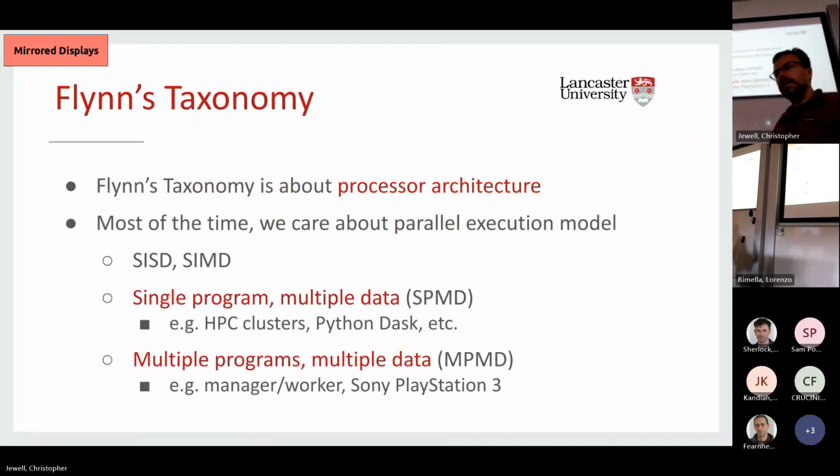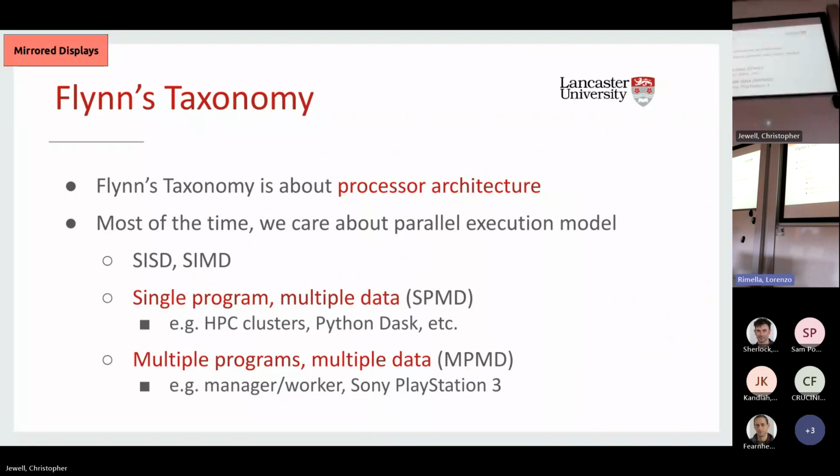Okay. Now I'm going to conjecture that Flynn's taxonomy is useful to people who design processors. I'm not sure that it's massively useful to us as statisticians, data scientists, software engineering people, because most of the time we don't really care about what's going on with the hardware, although an appreciation of the hardware is useful, as we'll see.